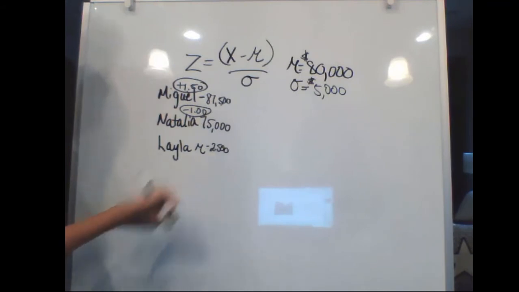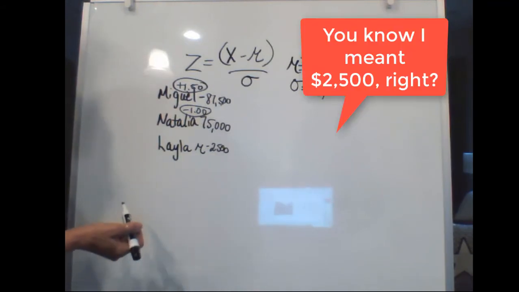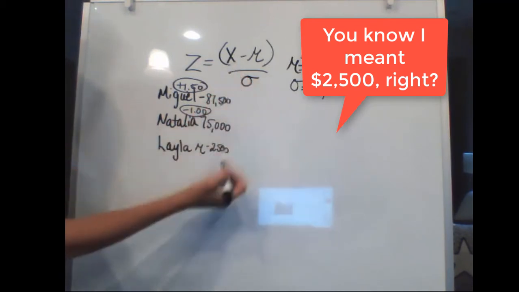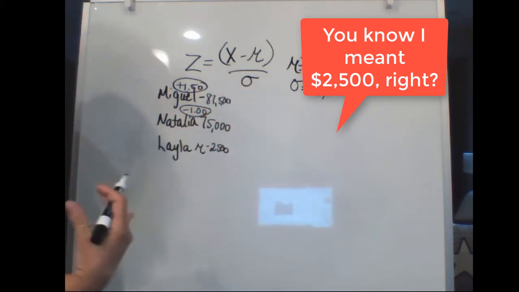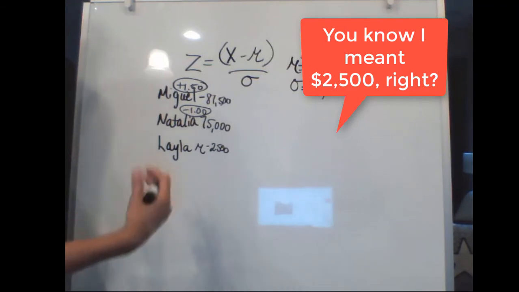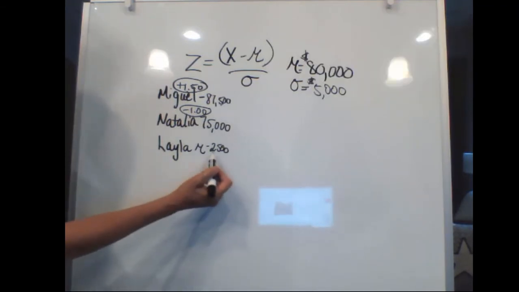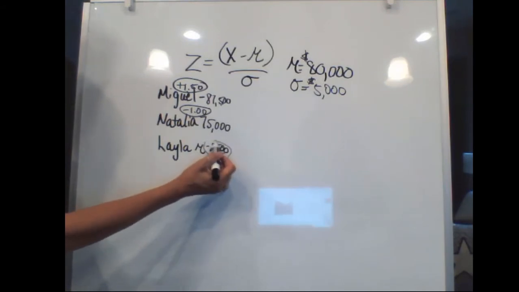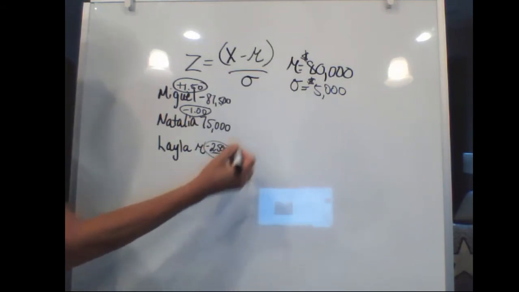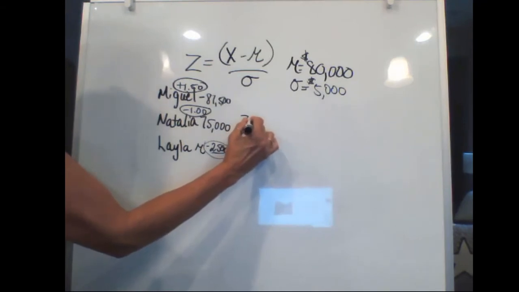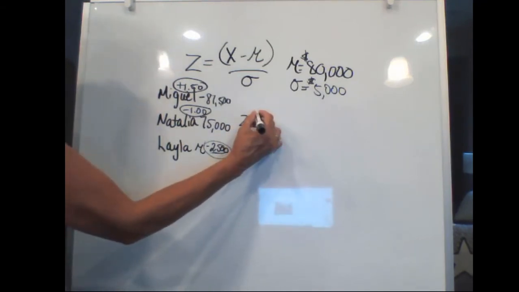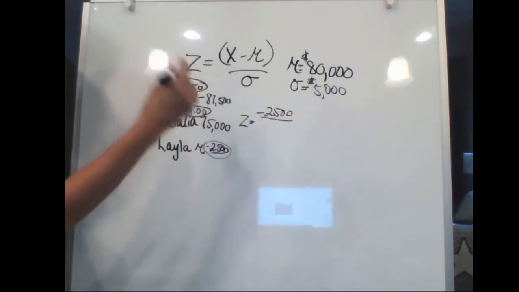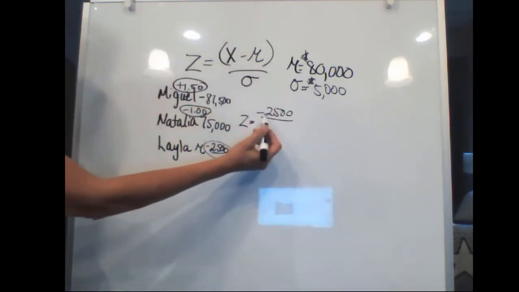We know that Layla's is 2,500 below the mean. So I know that 2,500 is the deviation from the mean. It's how much Layla is below the mean. So this actually equals a deviation score. This is how much Layla deviates from the mean. So for her, I can just use this as the numerator, negative 2,500, because her score minus the mean would be a negative 2,500.